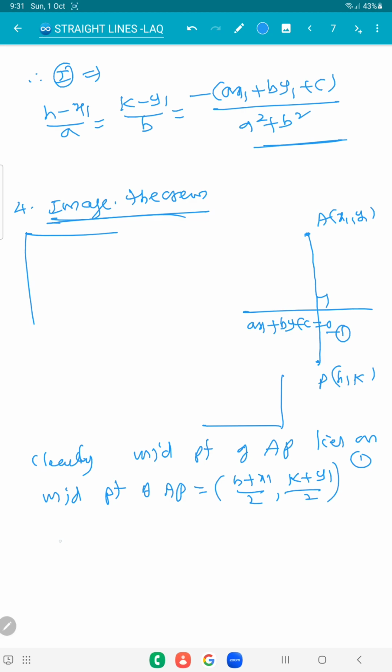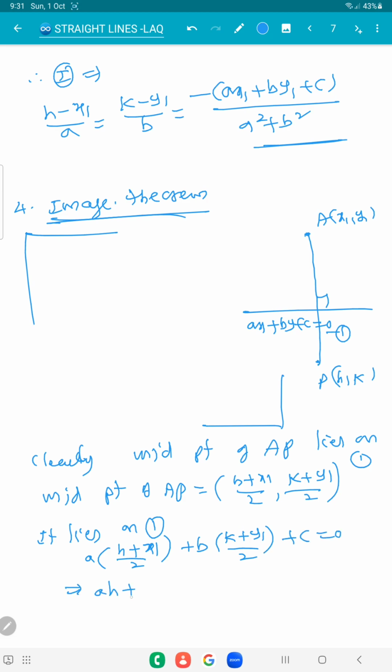It lies on 1, which implies, substituting, a of (h plus x1) by 2 plus b of (k plus y1) by 2 plus c is equal to 0. That is, a h plus a x1 plus b k plus b y1 plus 2c is equal to 0.